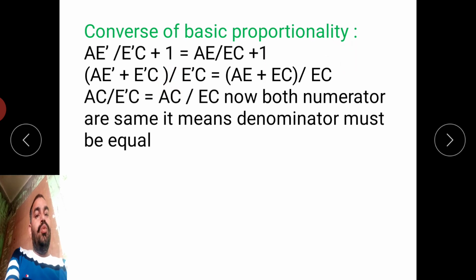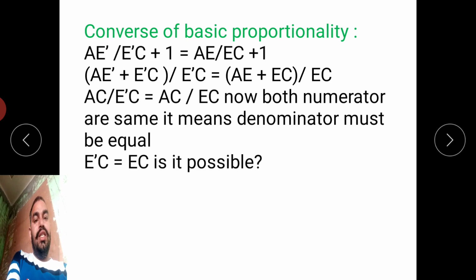Now both numerators are the same, which means the denominators must be equal. If the numerators are equal, then the denominators must be equal. This is the equality rule. Then E dash C and EC must be equal, so E dash C is equal to EC.